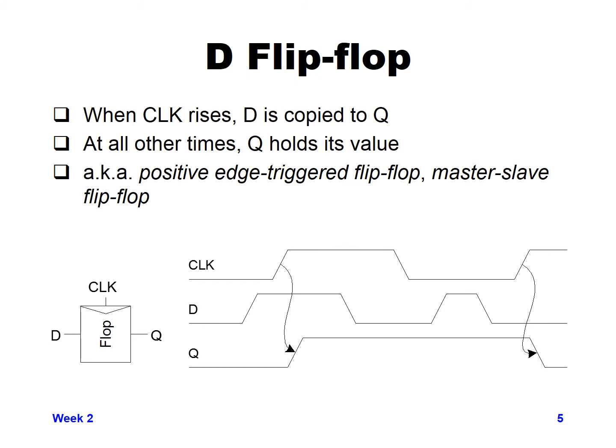You can see down in the bottom here, there's a timing diagram that shows you graphically how this behaves. We have D and clock and Q all low to begin with. D switches, nothing happens to Q. Q stays the same value. As soon as the clock switches from low to high, the value of D at that instant is 1.